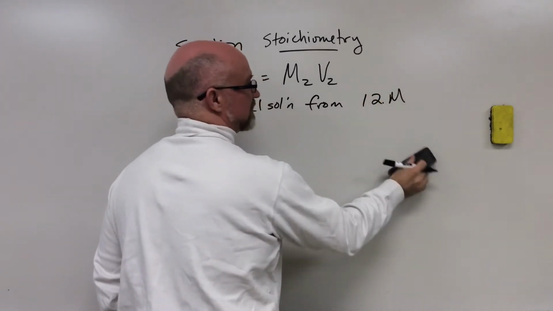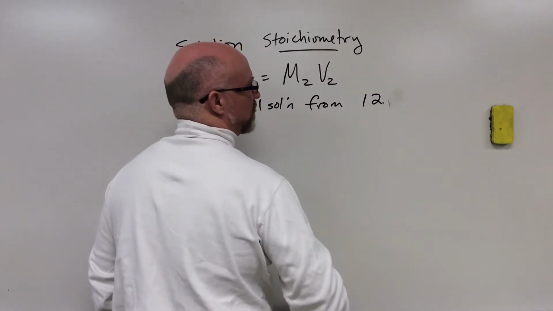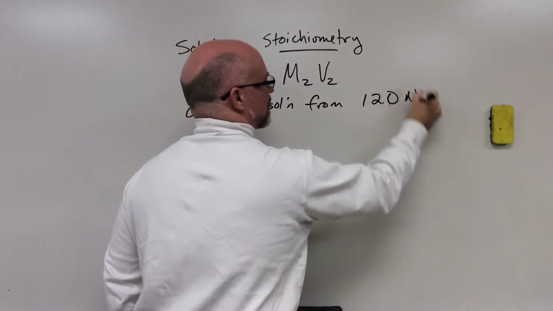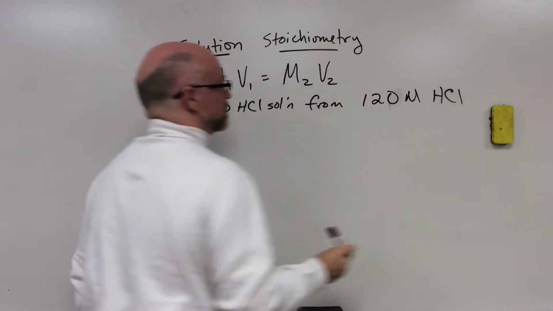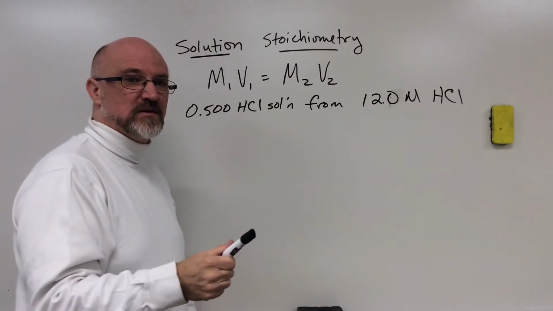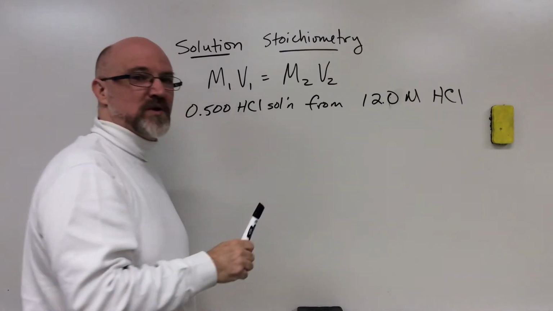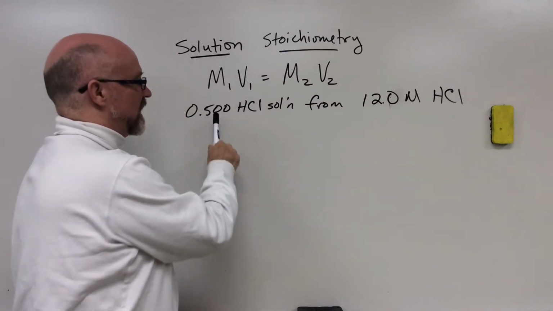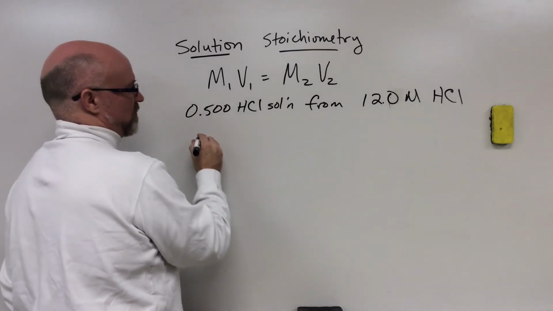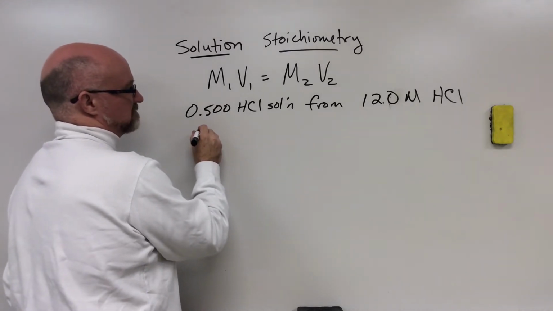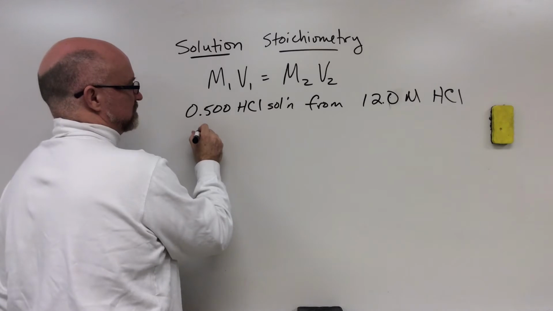Let's give ourselves enough sig figs here: 12.0 molar. So the question is, what volume of the 12 molar do I need to make a half molar solution, and how much do I want? Maybe I want a half a liter.